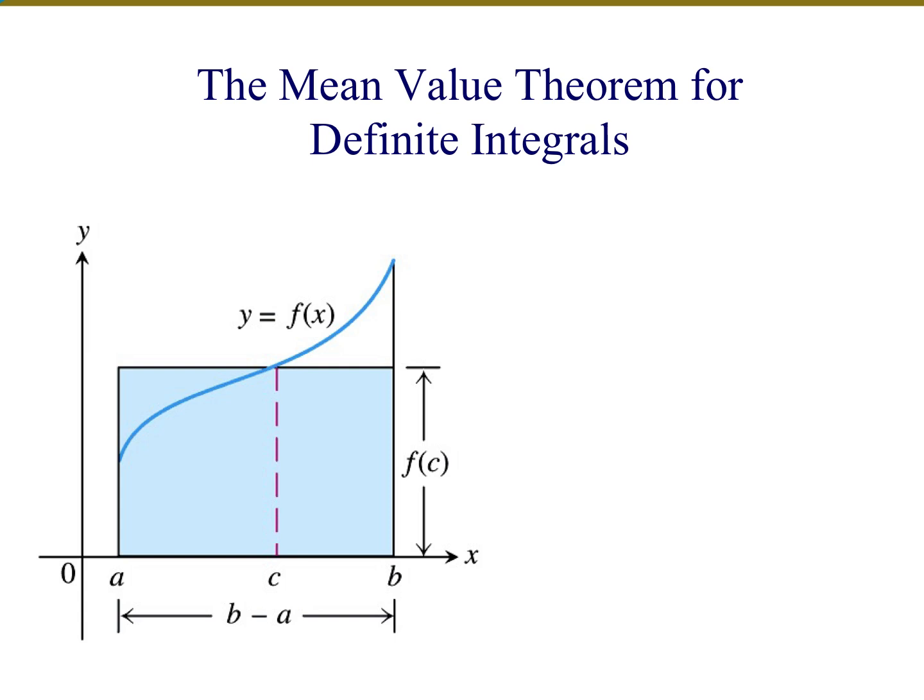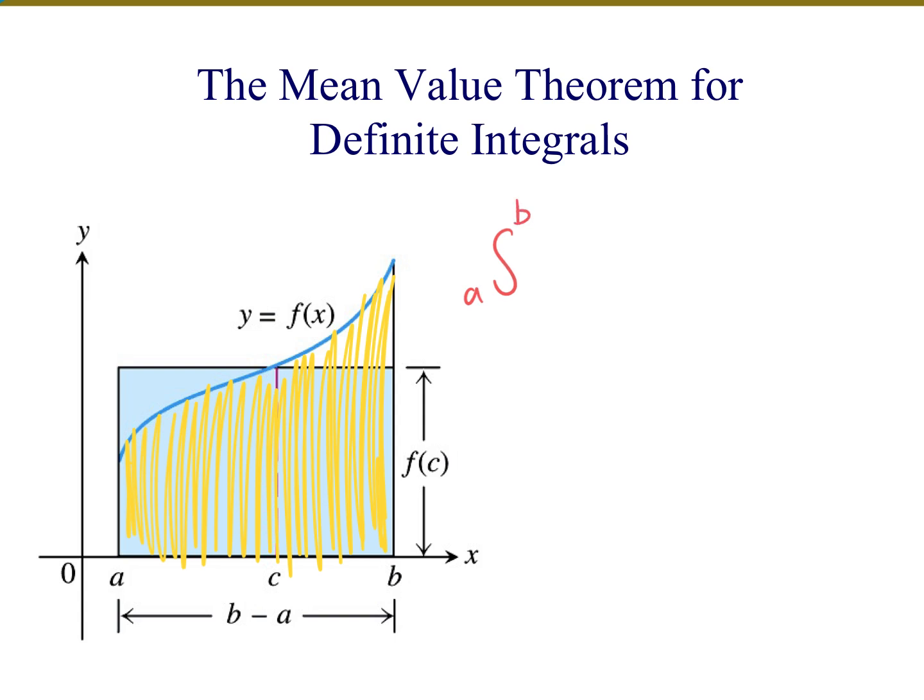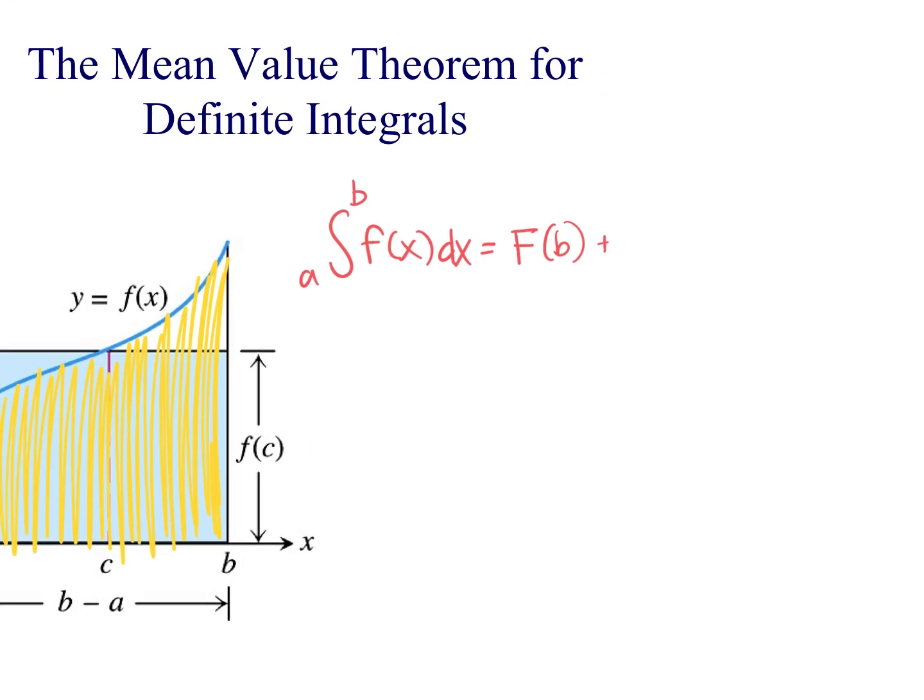So here we've got, if we find the area, which is a little under and then a little over, the area is found by the integral from a to b of f of x dx, which turns out to be capital F with b plugged in plus c, minus capital F with a plugged in minus c. So if you don't mind, I'm just going to erase my plus c and my minus c right now.